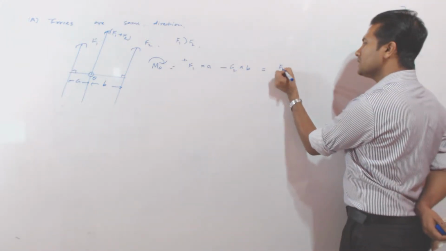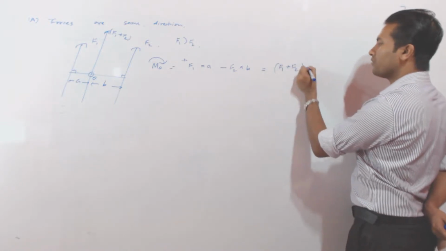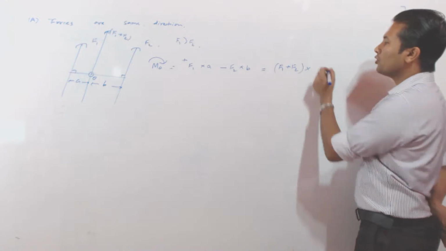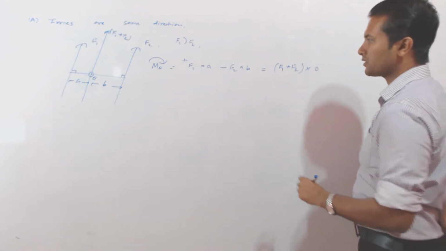Now you have to consider the resultant, F1 plus F2, but it goes through point O, which means no perpendicular distance.